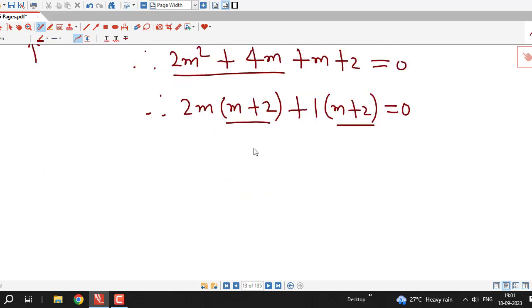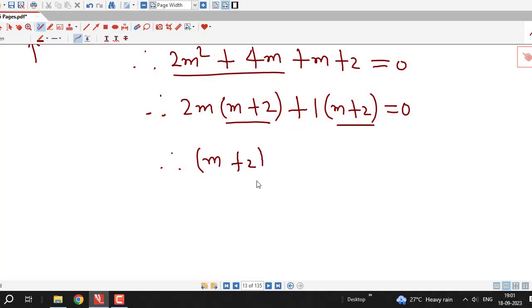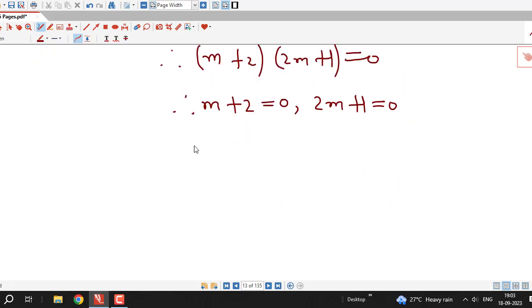Again I can take m plus 2 common, therefore (m plus 2) times (2m plus 1) equal to 0, therefore we have two possible values of m. We can see that this product is 0 if m plus 2 equal to 0 or 2m plus 1 equal to 0. Therefore we obtain two values of m satisfying auxiliary equation, m equal to minus 2, and from this I will obtain m equal to minus 1 by 2.